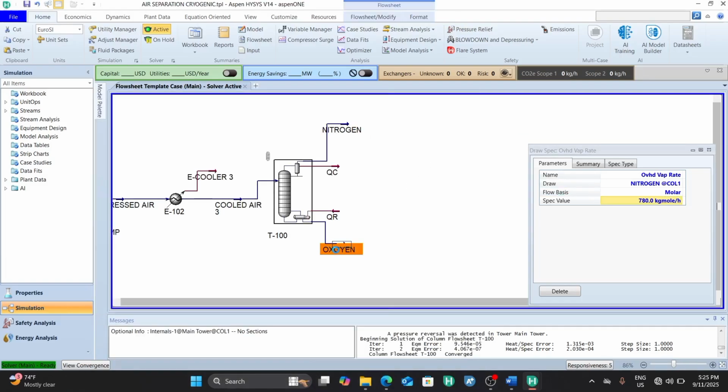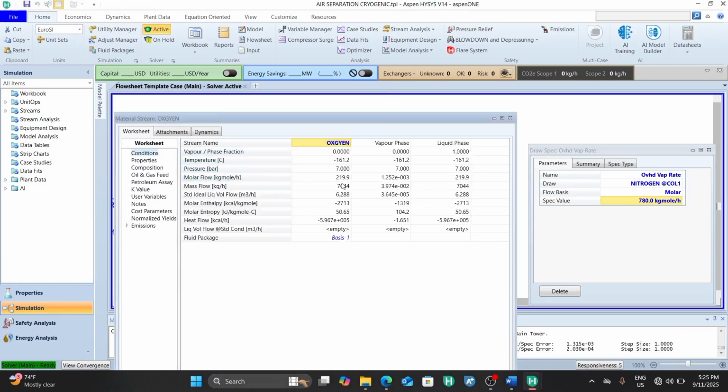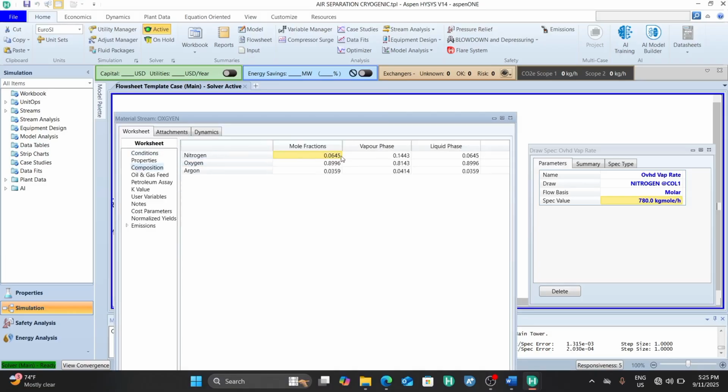So let's check that for oxygen. We're currently having 219.9, approximately 220, and 89.96. So let's see if we're within spec. 0.8996 times 220 is 197.9.